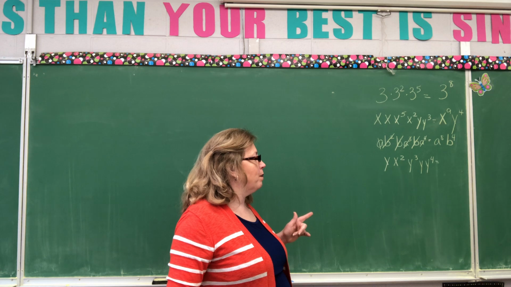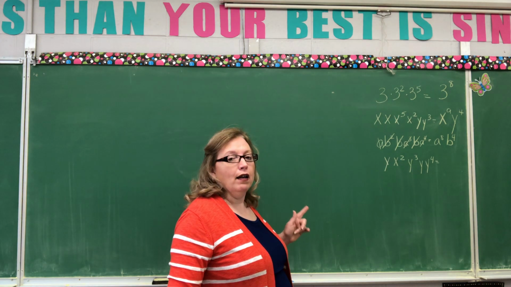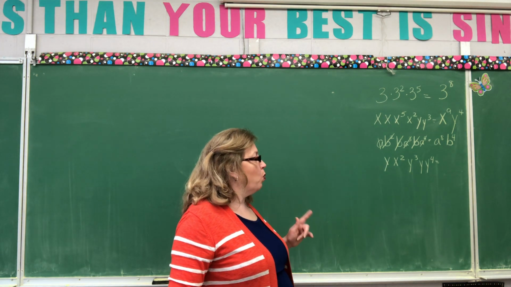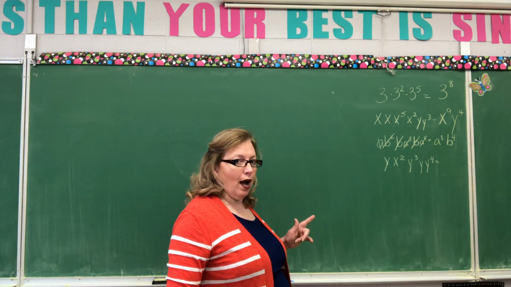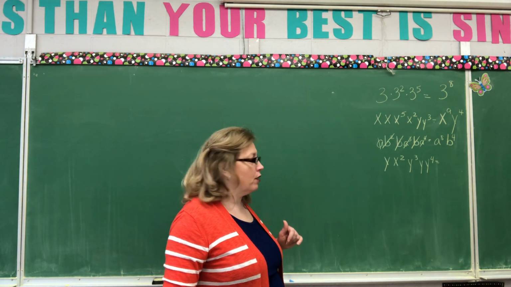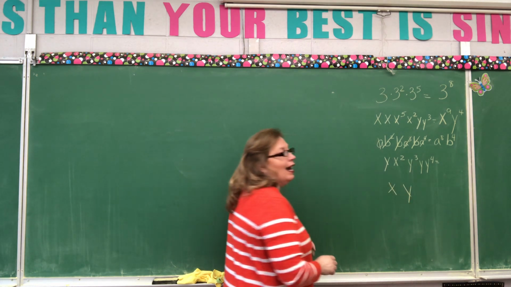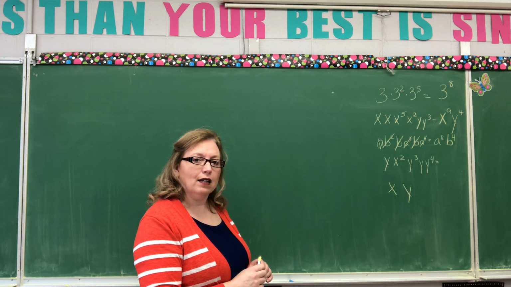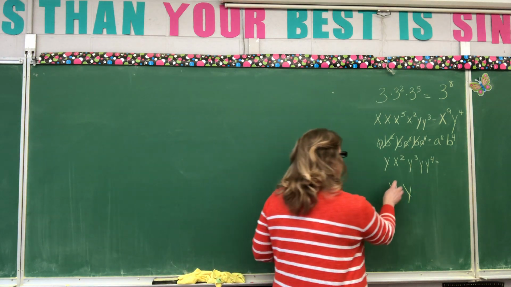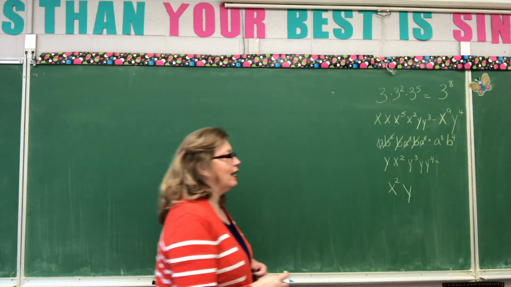Look at our next one. We have y, x squared, y cubed, y to the 4th. So we have x's and we have y's. How many x's? Hopefully you said 2. How many y's?